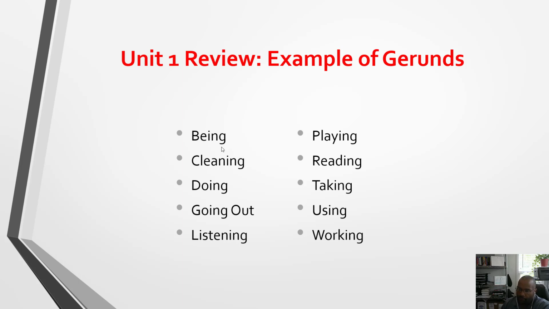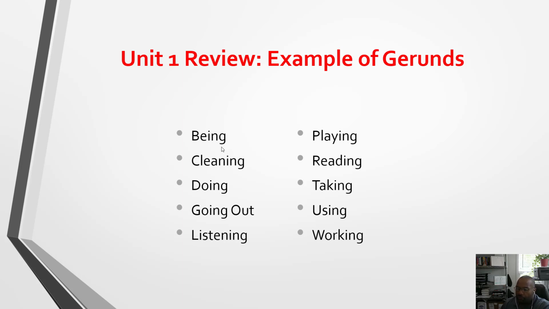Going out. The root verb is go out. Turning it into a gerund, we say going out. Listening. The root verb is listen, or to listen. Listening is a noun. It's a thing.